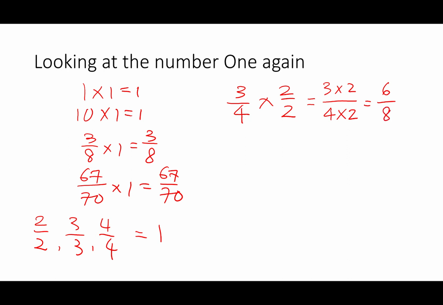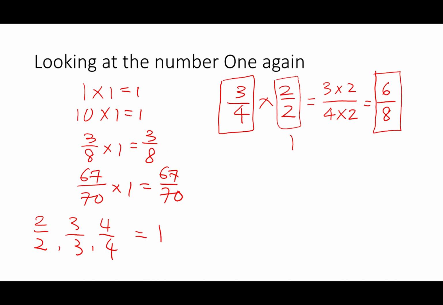Now the net effect is that you have increased the terms of the original fraction by 2. But all that you have done is multiply the fraction by 1, because 2 over 2 is simply 1. So the value of the fraction hasn't changed.